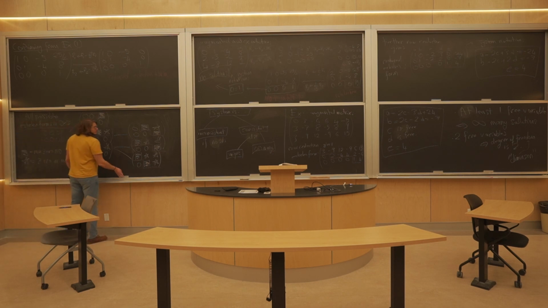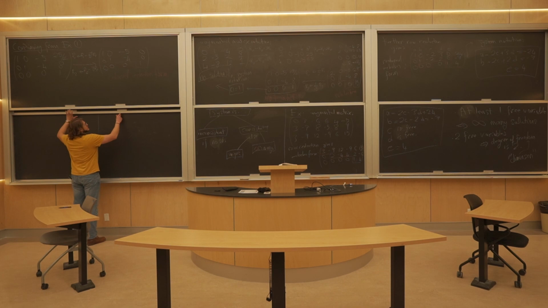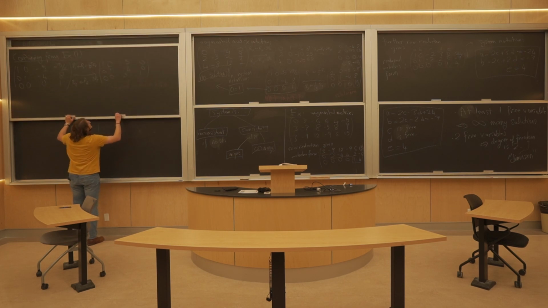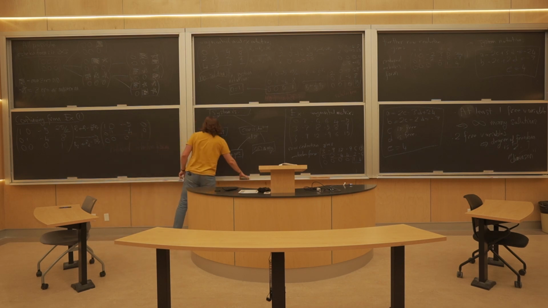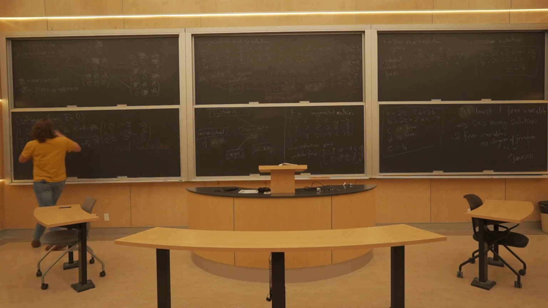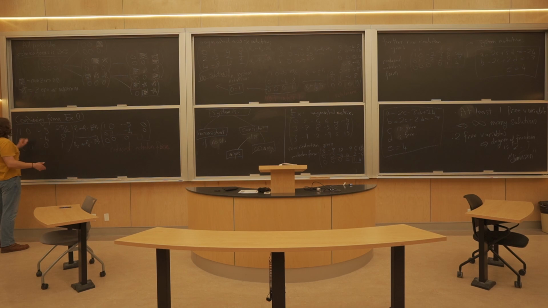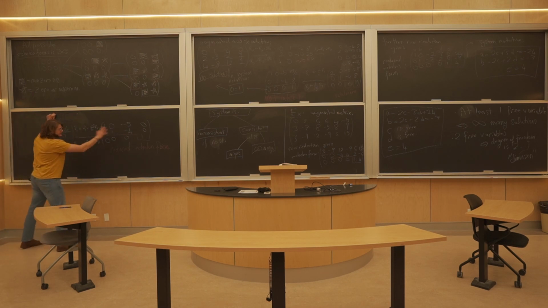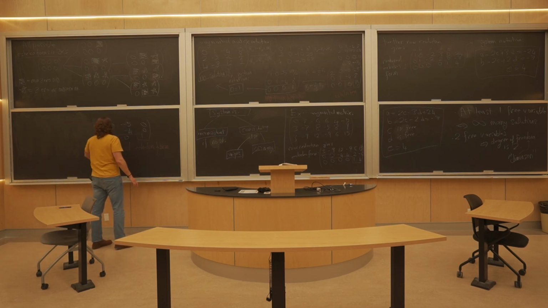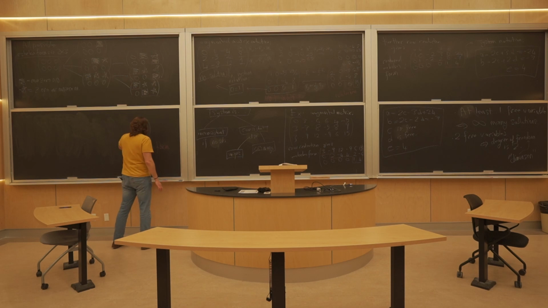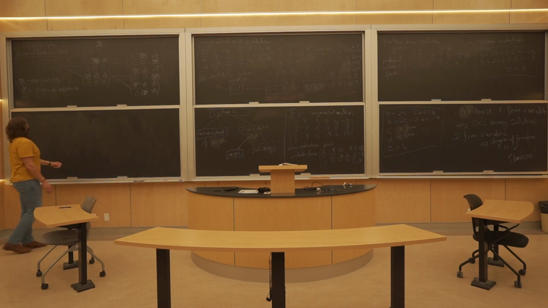How about the reduced echelon forms? Now the structure will be the same, but I have to process each of these entries a little bit, just like I did over here. All possible reduced echelon forms in 2 by 3.